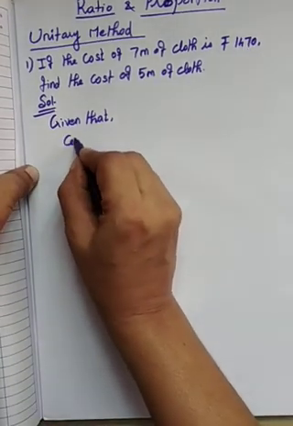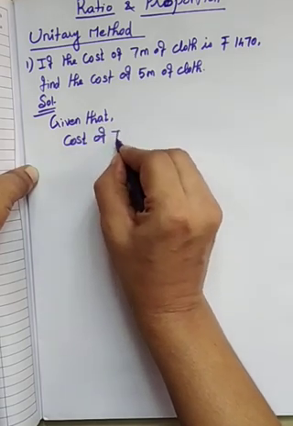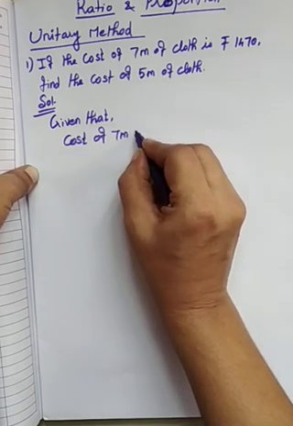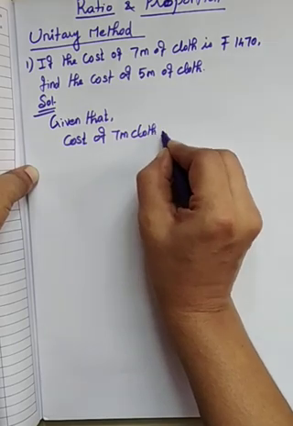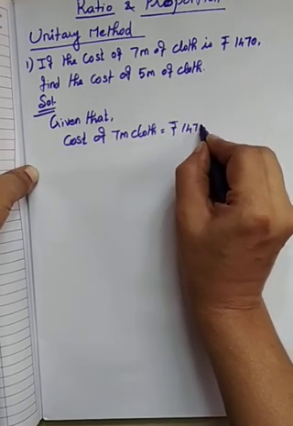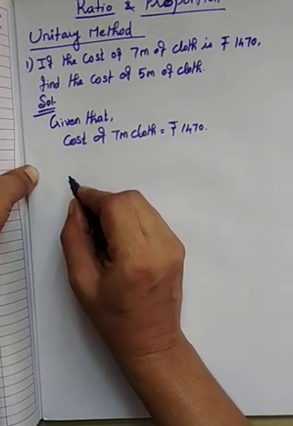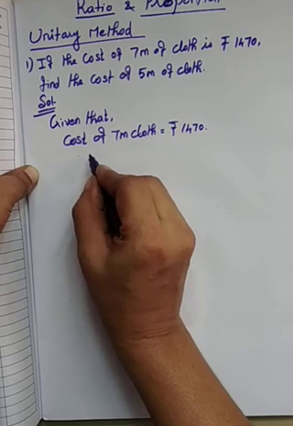So you have to write in that line, cost of 7 meter cloth is equal to rupees 1470. Now we have to find the 1 meter cloth cost.